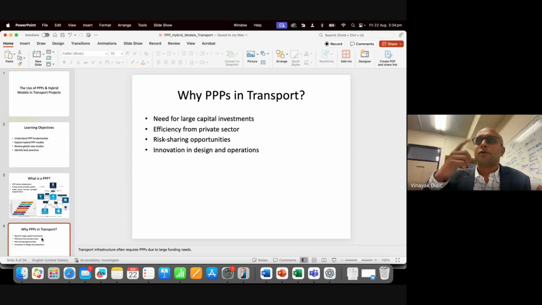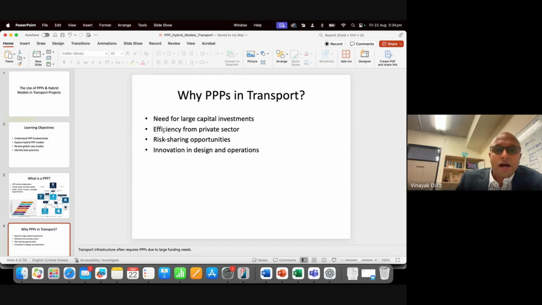When governments do budgets around tax revenue, they set aside some budget for transport projects. If there is not enough budget for that infrastructure or sector, then PPP models make a lot of sense, where you need a large capital investment over and above what is budgeted, and you are also providing risk sharing.